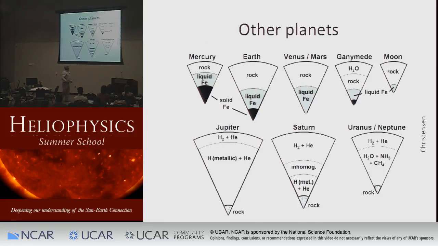Let's now get to some of our outer planets. We've already talked about what dynamos that do work have going for them. Mercury, well, let's not even talk about that. Venus does have a liquid iron core.